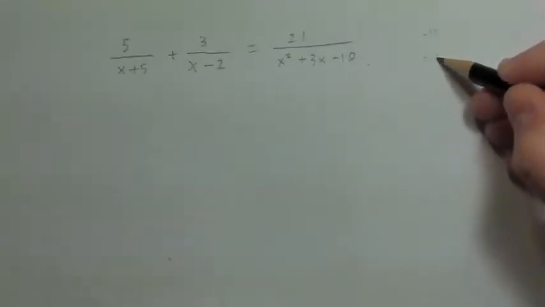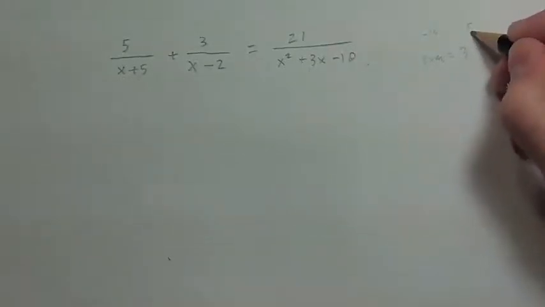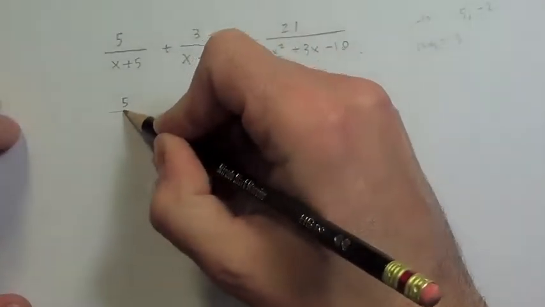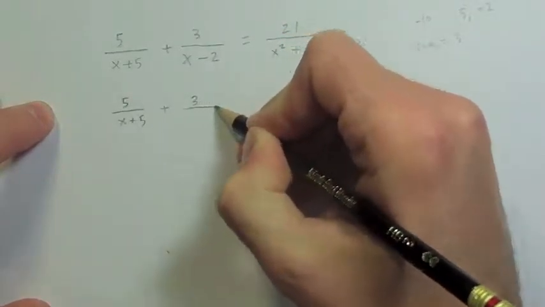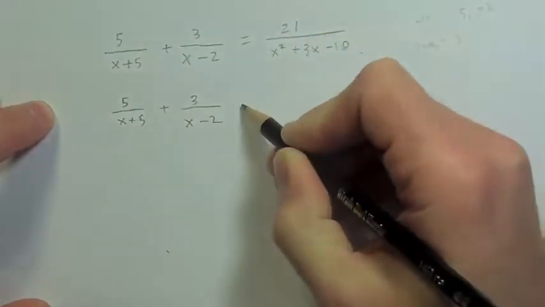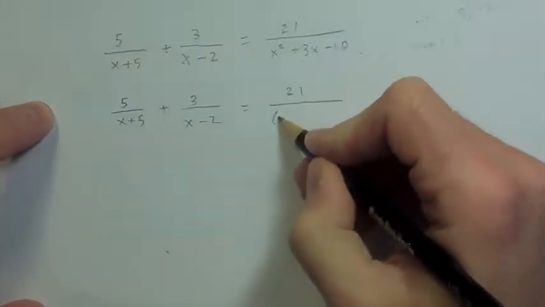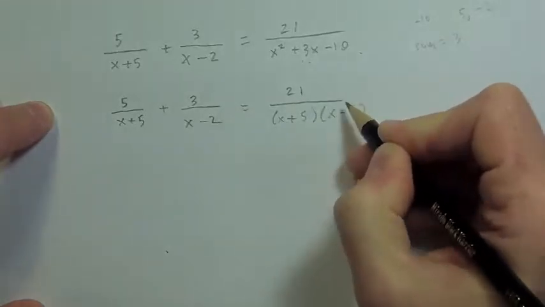So how about 5 and negative 2? 5 and negative 2 will multiply to give me negative 10, and they'll sum together to give me positive 3. So we'll get 5 over x plus 5, 3 over x minus 2, and 21 all over, when we factor this, x plus 5 times x minus 2.